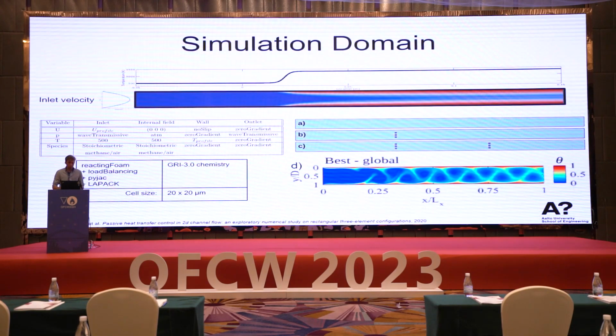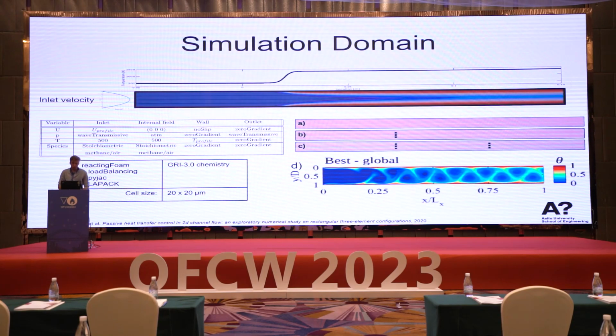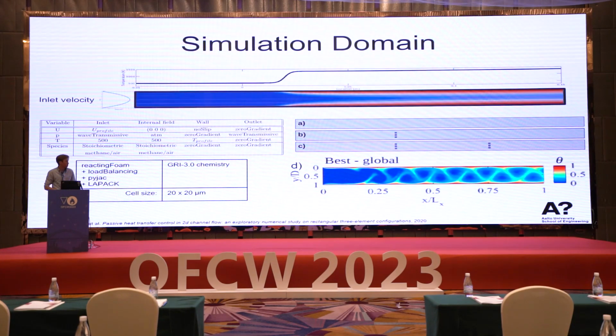As also discussed here many times, I used DLBFoam together with the GRI3 chemistry mechanism. The cell size is homogeneous, 20 by 20 micrometers, which is roughly 20 cells per flame thickness.